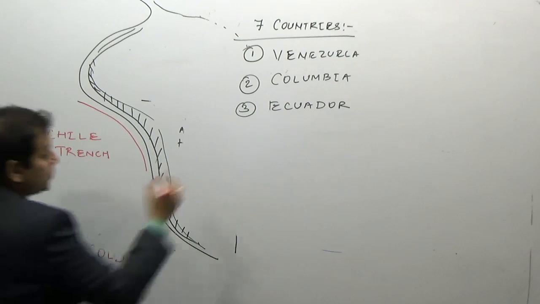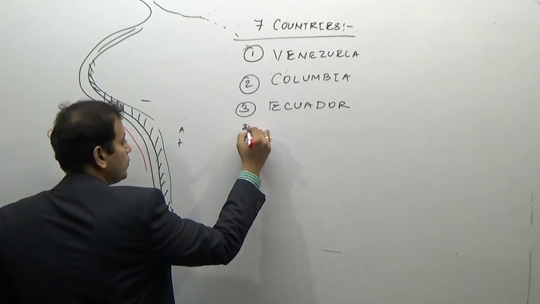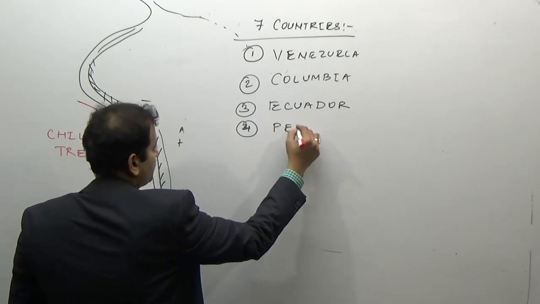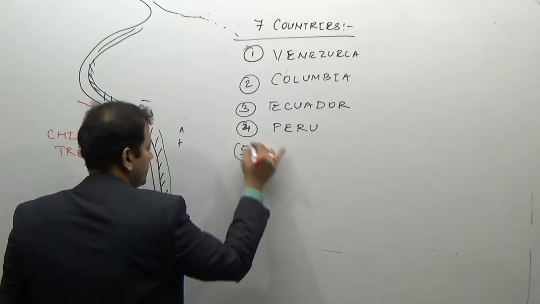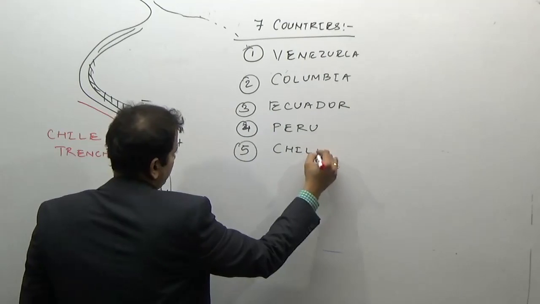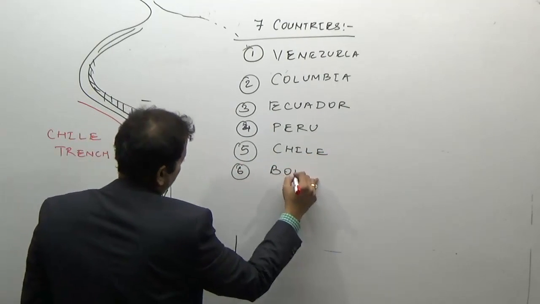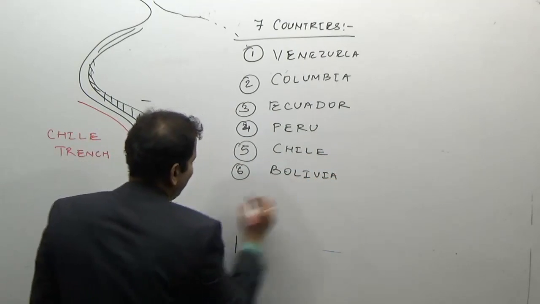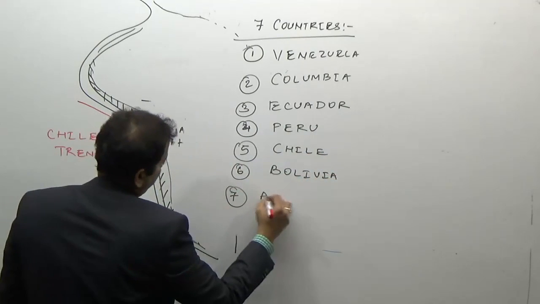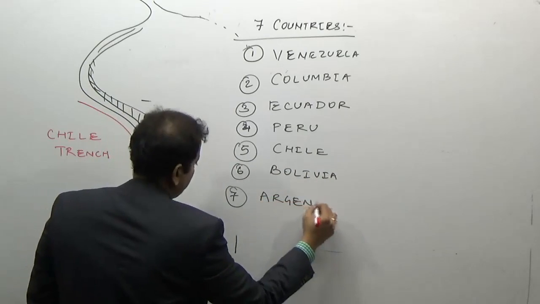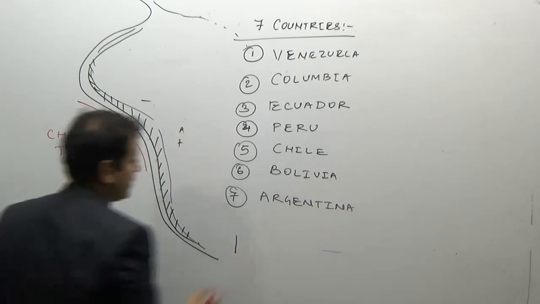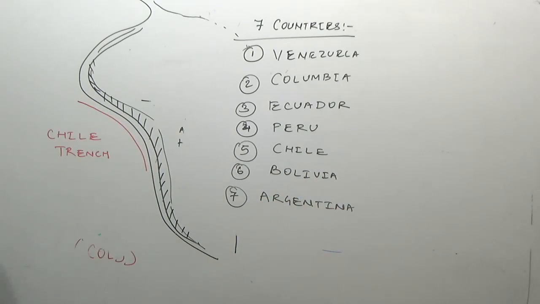Then Peru, Chile, Bolivia, and Argentina. These are the countries through which the Andes mountains pass.